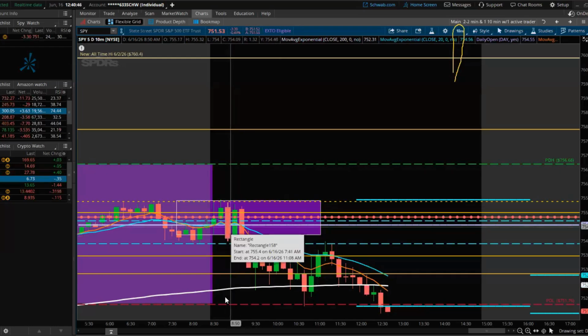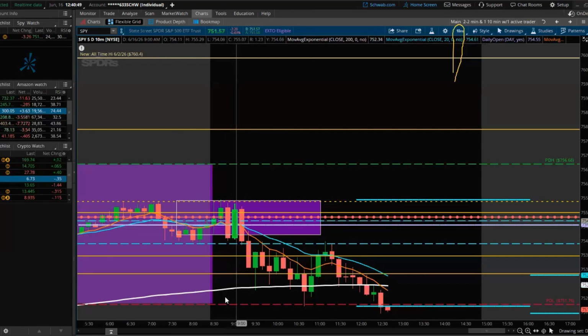So I did not go for that particular fake. A lot of people would put in a put order thinking the market is going to go down, and the very next candle shoots back up and you would have been stopped out. So I did not go for this fake.